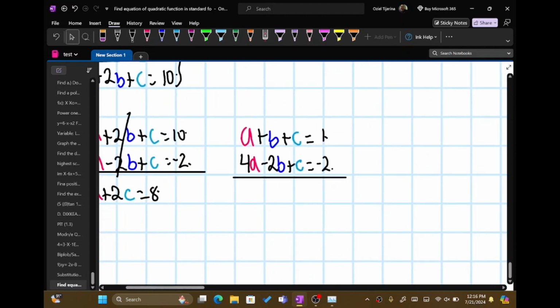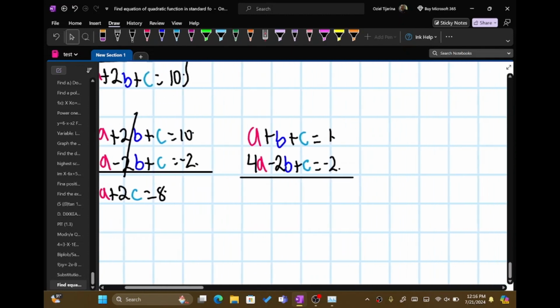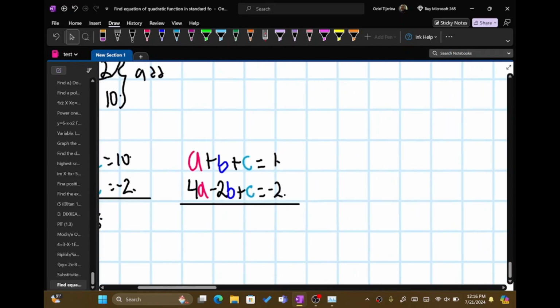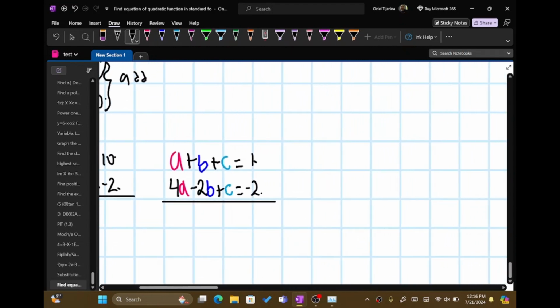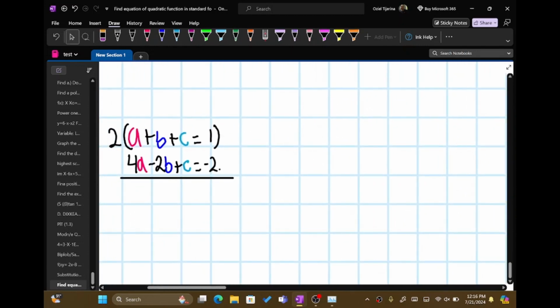So here we want to again eliminate the b value. To do that, I'm going to multiply the top by 2. Actually, this is supposed to be a 1. So multiply by 2 here. So we have 2a plus 2b plus 2c is equal to 2, excuse me.